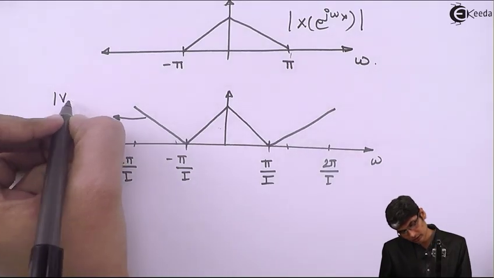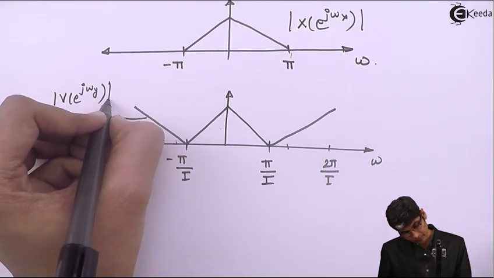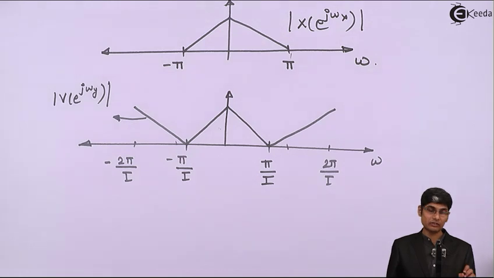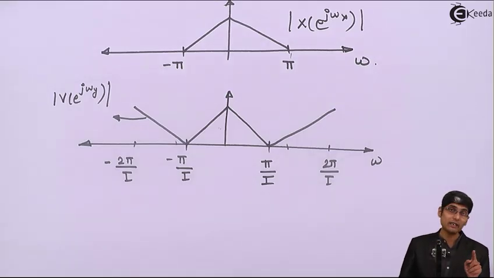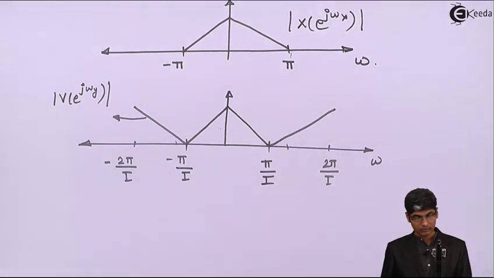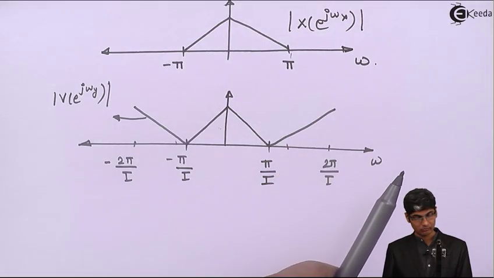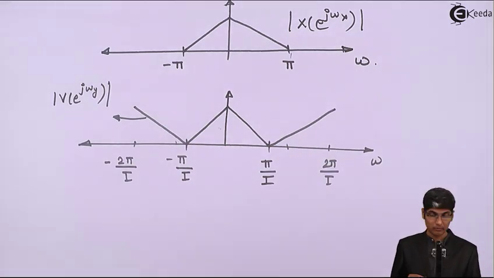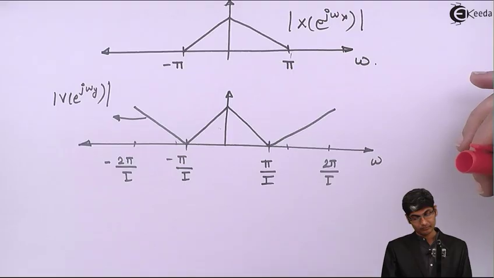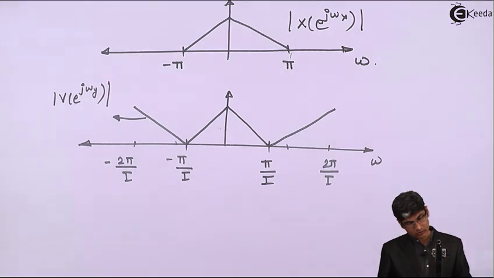So, this is magnitude of v of e raised to j omega y, which is x of e raised to j omega x, omega y times of I. That will come as omega y times of I. That is correct, omega x by I, that is right. Which is nothing but equal to this.